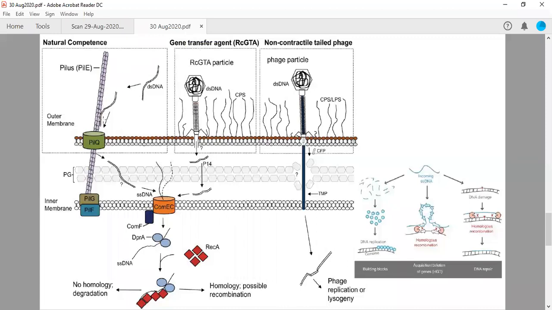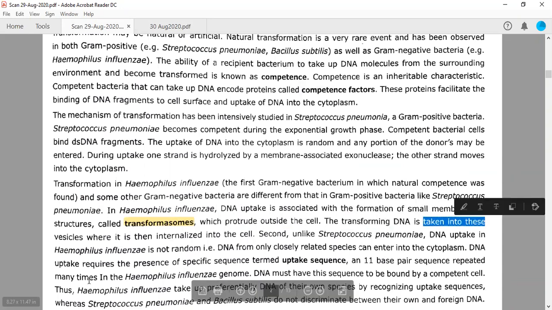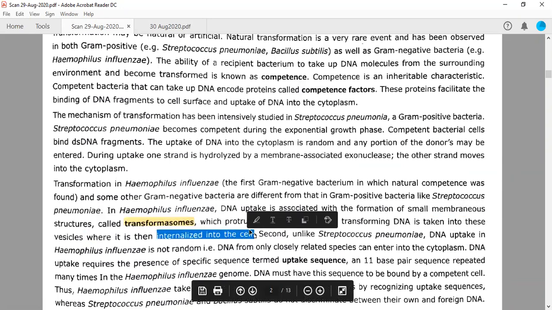You can suppose that some structures will be formed at the surface of the cell and protrude outside, and they will help in the transforming DNA being taken into these vesicles, and these vesicles then internalize into the cell. After internalization, they will take up the exogenome.